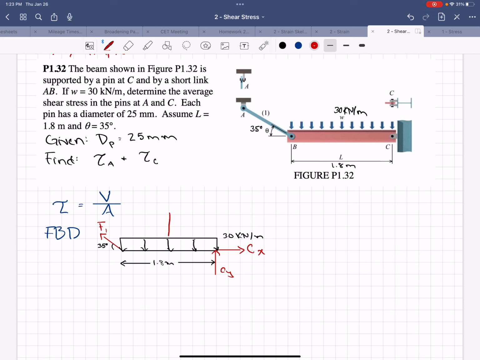So that'll be in the middle of the 1.8 meters. So that'll be at 0.9 meters. And that's going to be 30 kilonewtons per meter times 1.8 meters. And now we just want a force, so it'll be 54 kilonewtons.